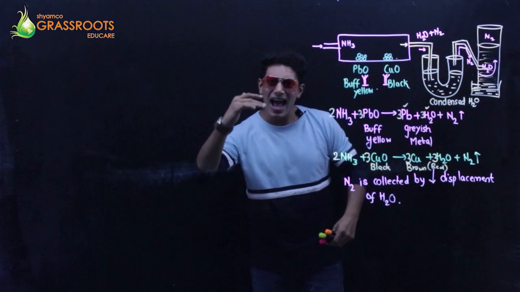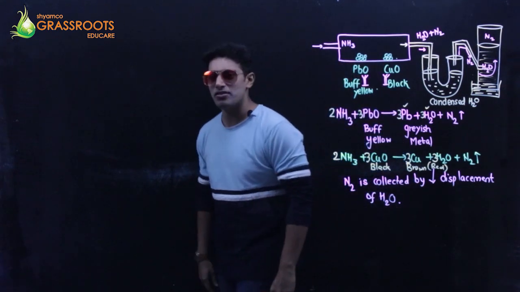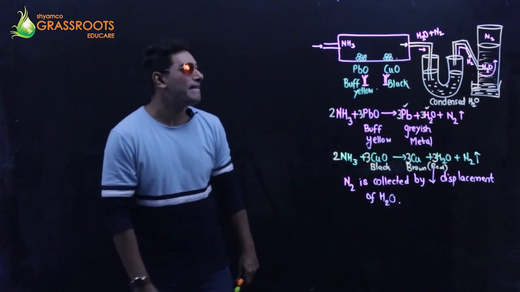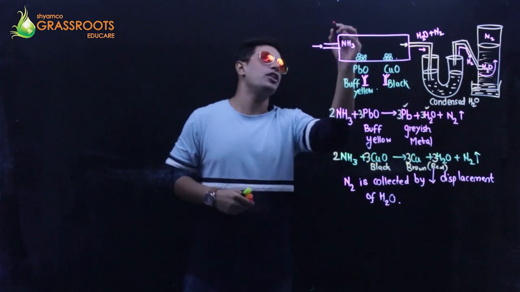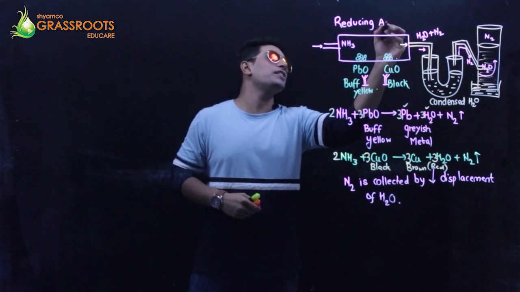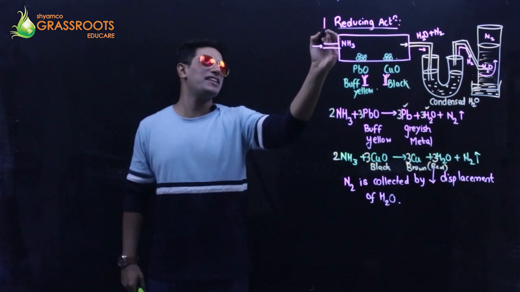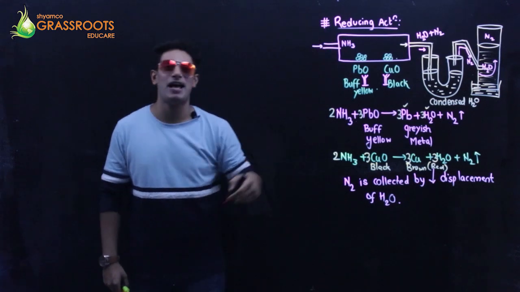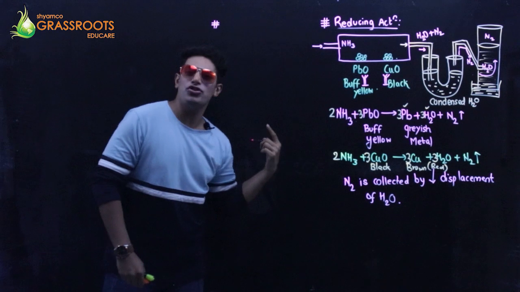When I see the color changes here, I come to know the reaction has taken place. So this was my answer which spoke about the reducing action of ammonia. That's my nice answer. It's a very important answer from the board exams point of view. All right, the next one is the reactions.